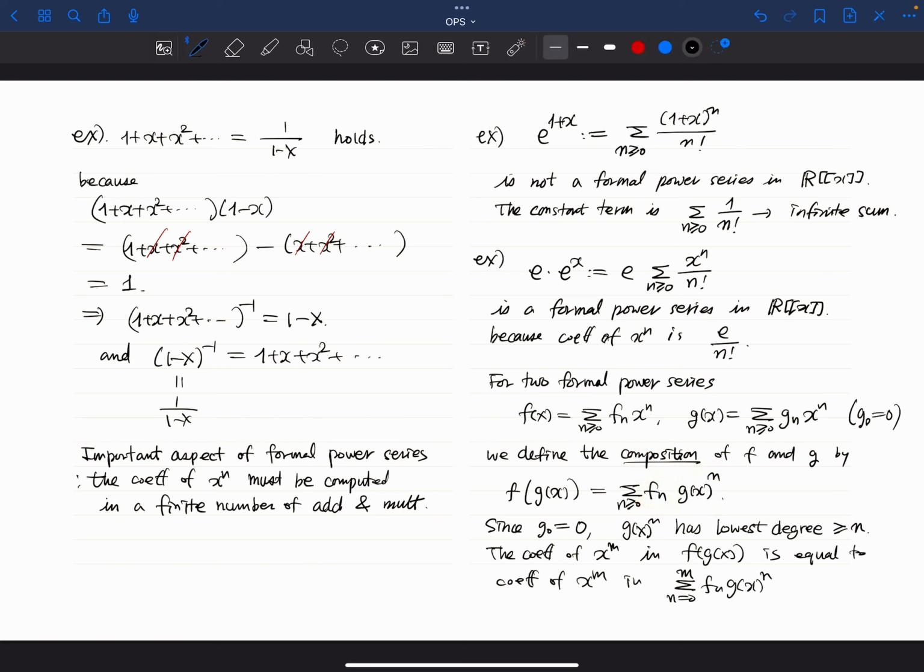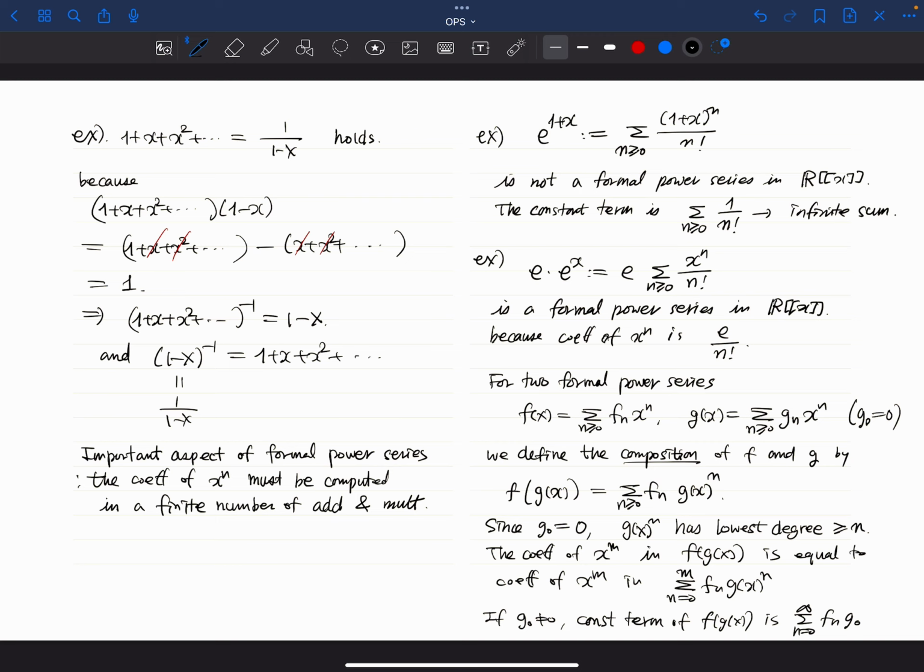For instance, if g0 is non-zero, the constant term in the series in the definition is the summation of fn g0 to the n, from 0 to infinity, which is an infinite sum unless f is a polynomial. So this is not well defined in the language of formal power series. So that's why this is necessary.